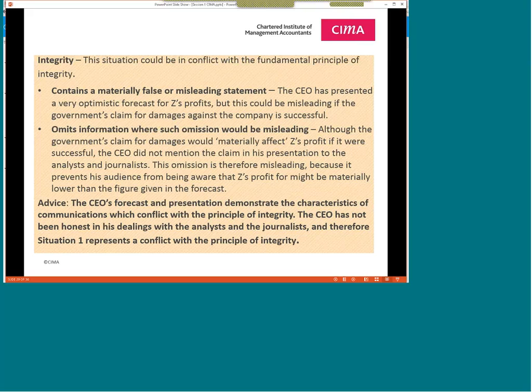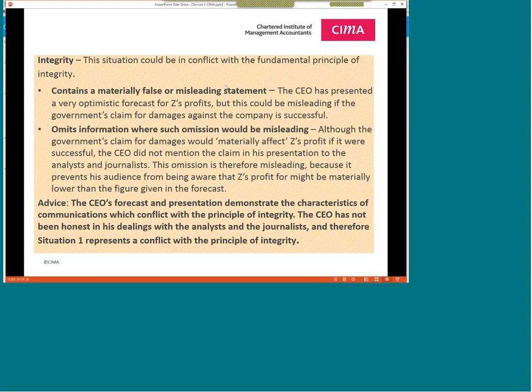It's a kind of summary: the CEO has not been honest in dealing with the analysts and journalists, and that's why situation one represents a conflict with the principle of integrity. So you analyze it first, and then you give your advice or conclusion. This is the perfect way to answer it.